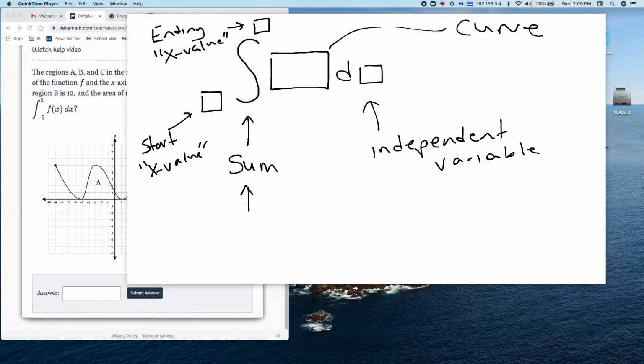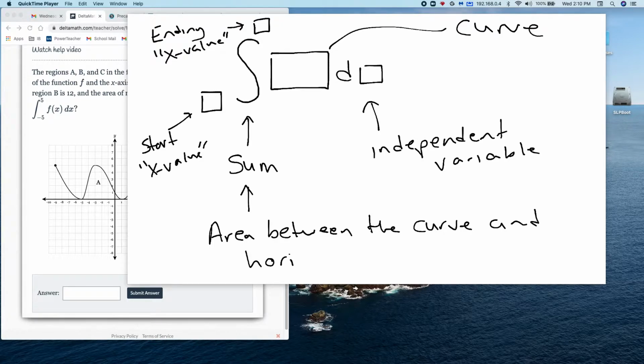Another way to think of it, at least for today, is it's the area between the curve and the horizontal axis. So it's the relative space. It's the relative increase or decrease, depending on if you're dealing with a positive or negative.